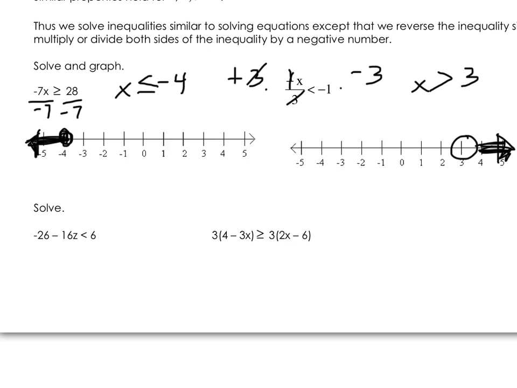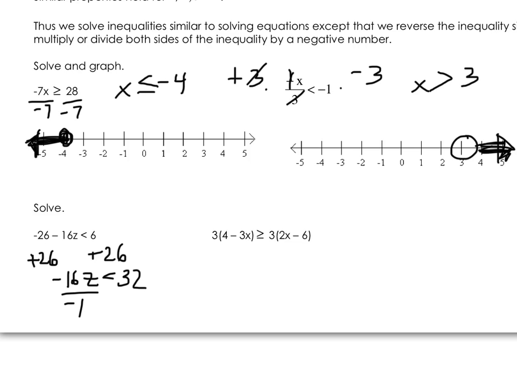Let's solve. Negative 26 minus 16z is less than 6. So we're going to add and subtract before we multiply or divide. Let's add 26 to both sides. That makes it negative 16z less than 32.